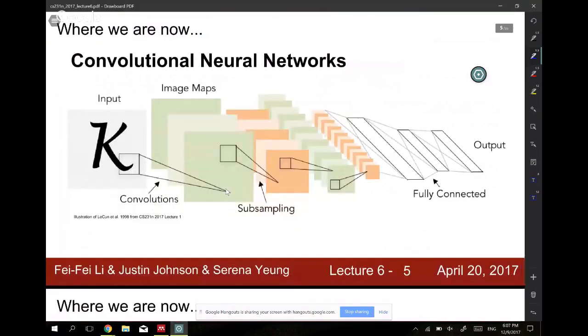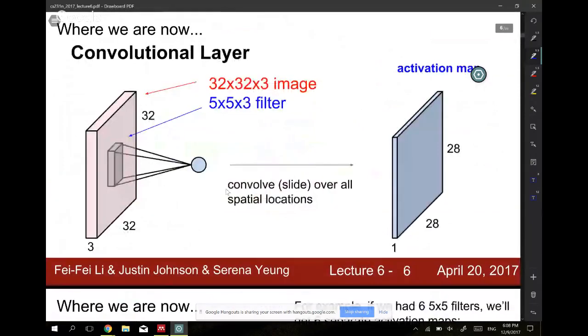Then, since this is for vision, last week we talked about convolutional networks, which use convolutional layers to preserve the spatial structure throughout the hierarchy of the network. This is how a convolutional layer looks. Each activation map that you see on the right side is produced by sliding a filter of weights over the input.